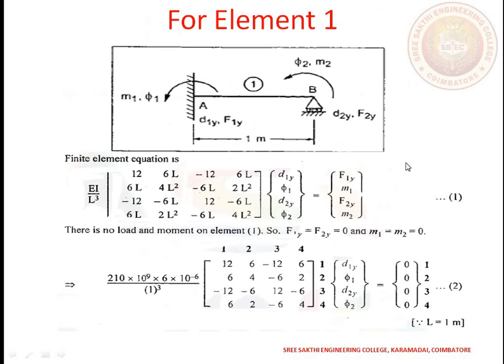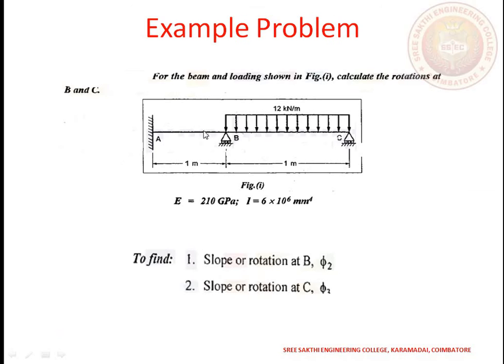Now you can see, this is the first element and that is the second element. In the first element you have 2 nodes, 1 and 2. For the second element you have the second node and the third node. Each node has 2 degrees of freedom, you can remember that. So one element has 4 degrees of freedom.